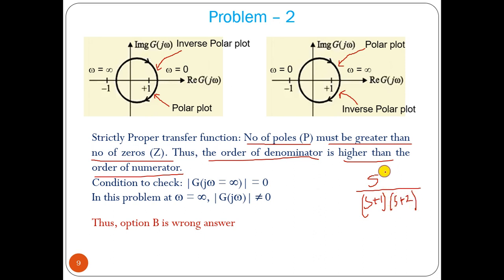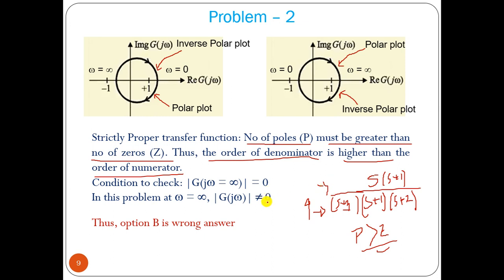If we have 2 zeros, then we must have 3 poles. That is an example of a strictly proper transfer function, where the number of poles is greater than the number of zeros, or the order of the denominator polynomial is higher than the order of the numerator polynomial.